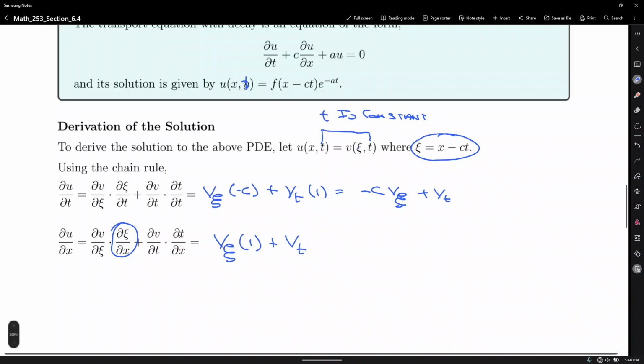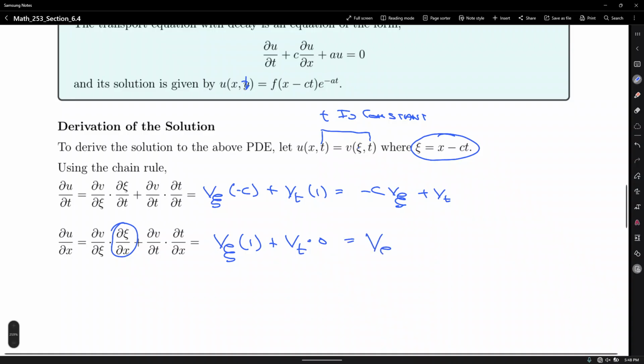But careful here. What is the derivative of t with respect to x? Keeping in mind that t is constant, differentiate t with respect to any variable in the universe. That's times 0.